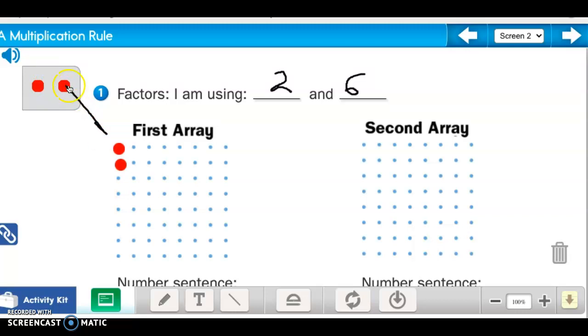Let's do 2 rows of 6 this first time. 1, 2, 3, 4, 5, 6. 2, 3, 4, 5, 6.